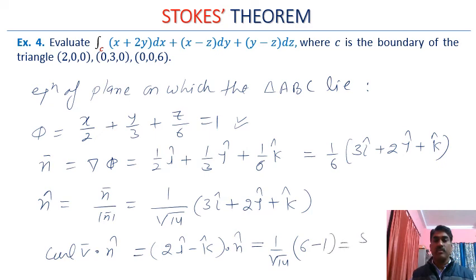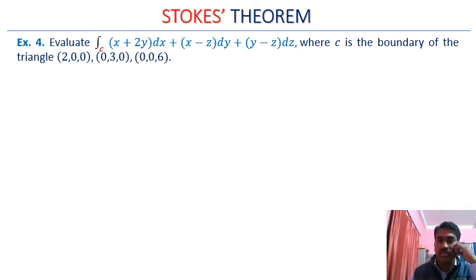So we just get 5 by root 14, meaning curl v dot n is 5 by root 14, a scalar quantity, and not only a scalar quantity, it is also constant.